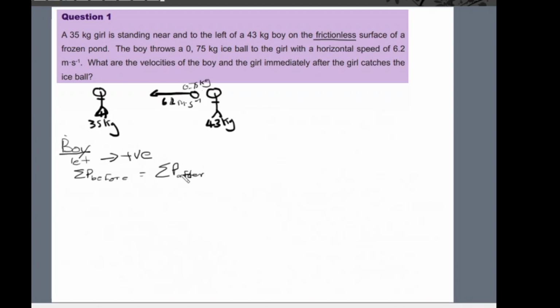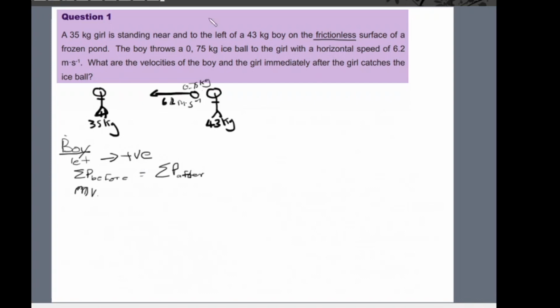Excuse my handwriting there. Okay, so before collision the boy is stationary, right? Before the boy throws the ball towards the girl, he is stationary, right? So before collision we have the mass of the boy and his initial velocity.